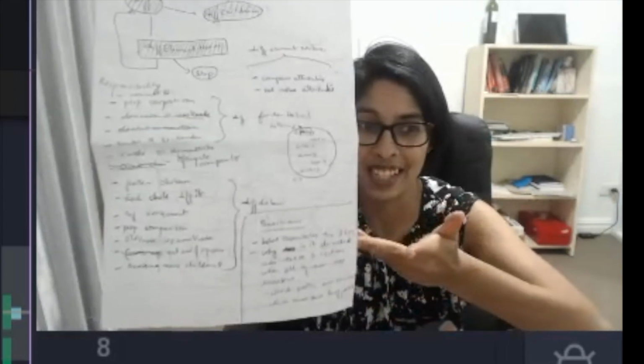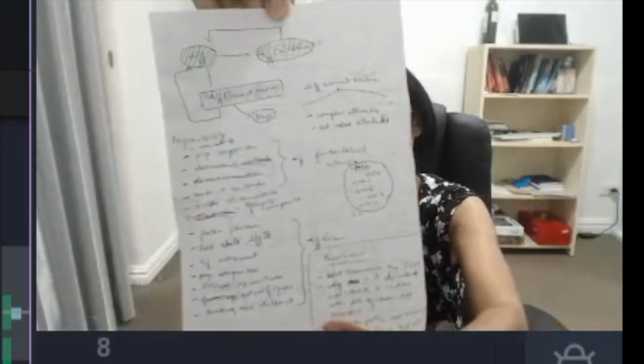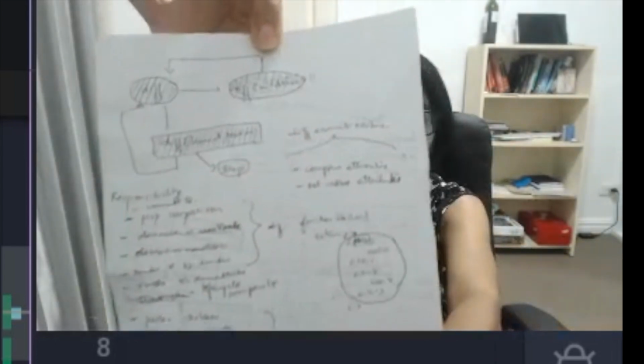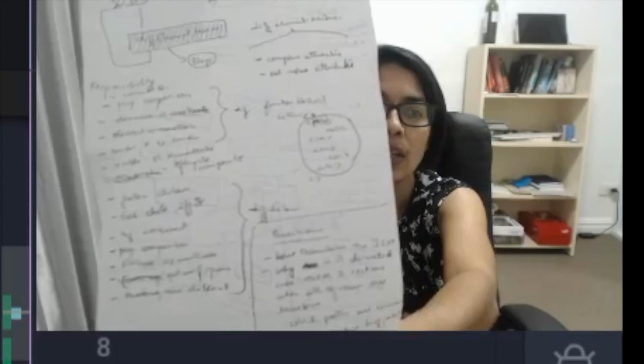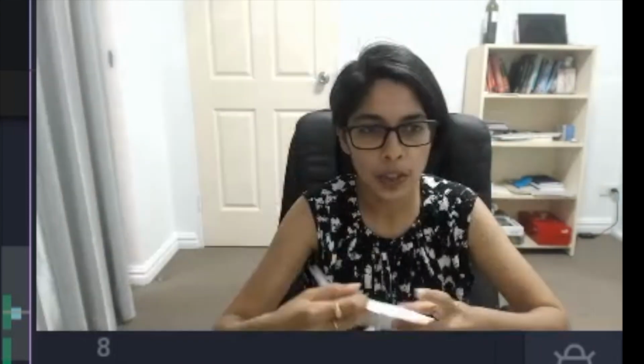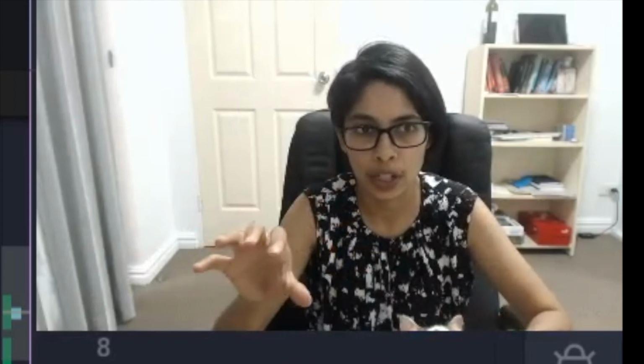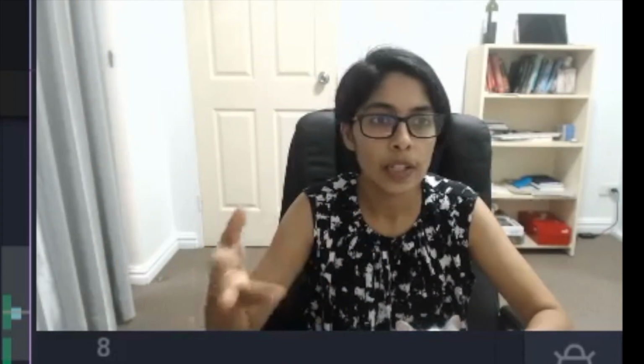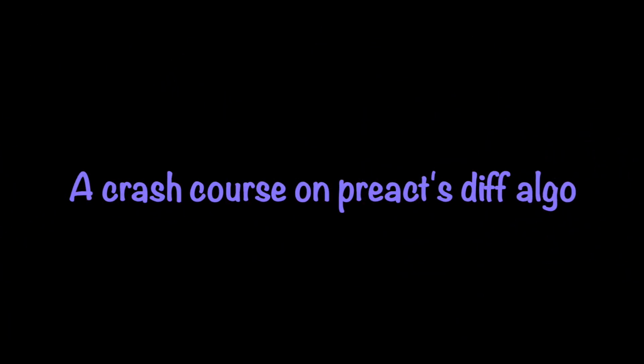Maybe I'll frame this as a piece of art I made. But since this is quite illegible, I'll try to convert this into a nice flowchart in Excalidraw, and we'll see how that goes. 1, 2, 3, go.